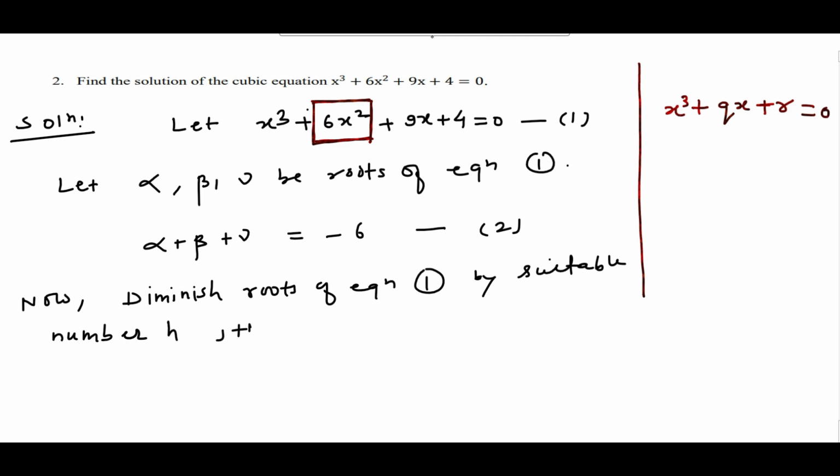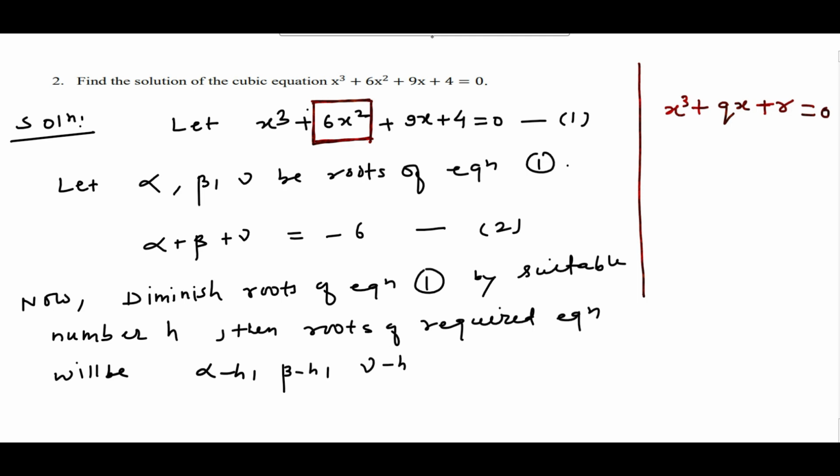Then the roots of the required equation that we have to find will be alpha minus h, beta minus h and gamma minus h.